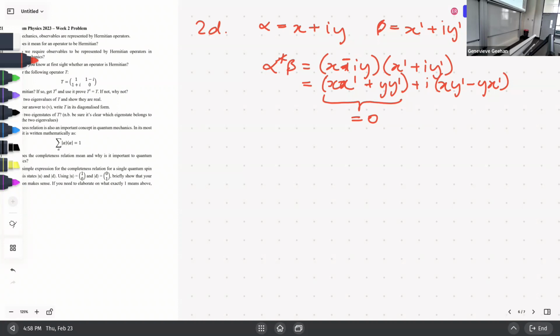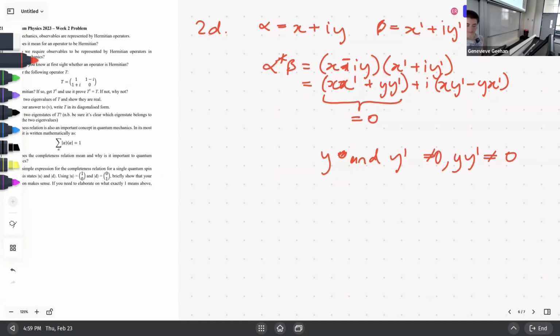And then just looking at this equation, that means if y and y dash is not equal to 0, then y times y dash can't be equal to 0. Oops, sorry. Does that make sense?